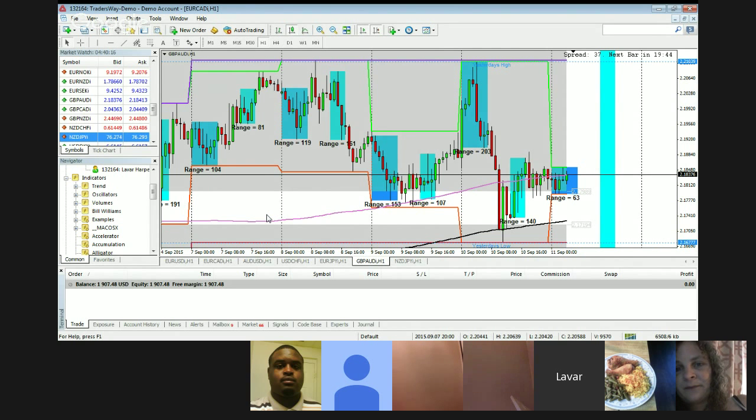That was one thing I got out of the habit. Well, I never really formed a habit of sticking to one pair when I first started. I was just all over the place. I see a W, see an M, it's close to the high, close to the low, I just hop on it no matter what the pair was, and it was throwing off my percentages. I wasn't that consistent.